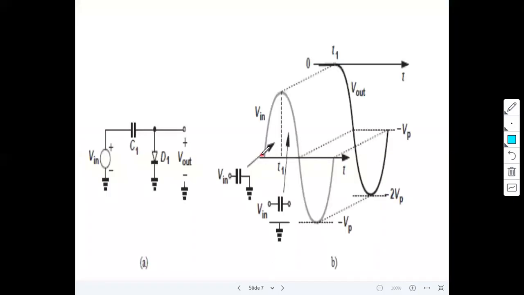Okay, observe what happened here in the detailed analysis of the negative clamper. This is the input signal here. During this quarter cycle only, there is a closed path with diode D on.